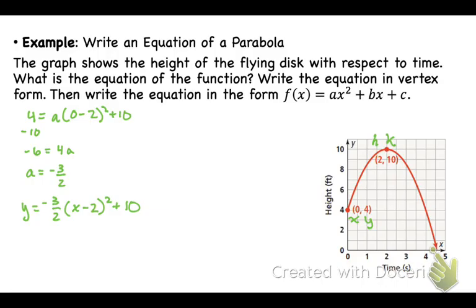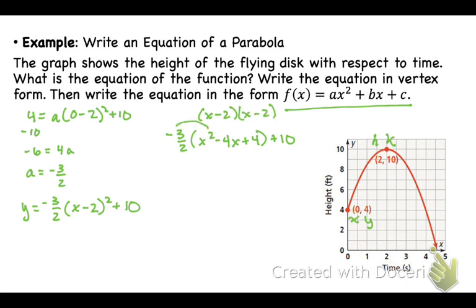How am I going to go to standard form? FOIL. So I get negative 3/2 times x squared minus 4x plus 4. And now I just foiled it quick, but do you all know how to foil? Yes. Okay, and then do what? Distribute.